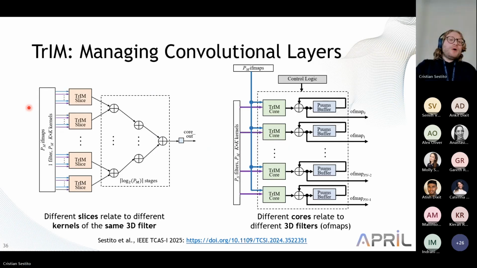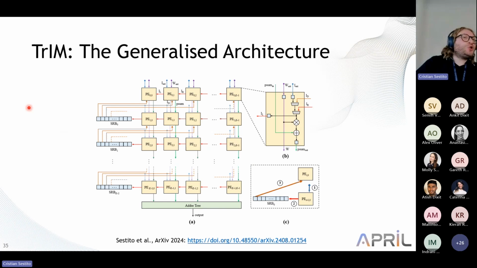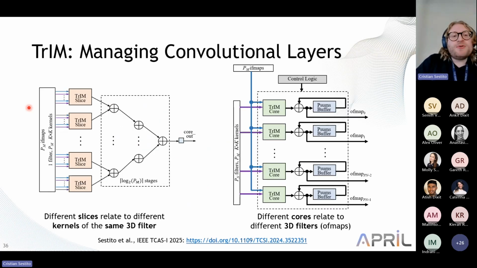Now, the architecture that we are showing here is generalized, and it refers to a two-dimensional convolution between a single kernel and a single feature map. But as we said before, in order to manage a complete convolutional layer for a convolutional neural network, we need multiple feature maps, multiple kernels, and an accumulation in this space.